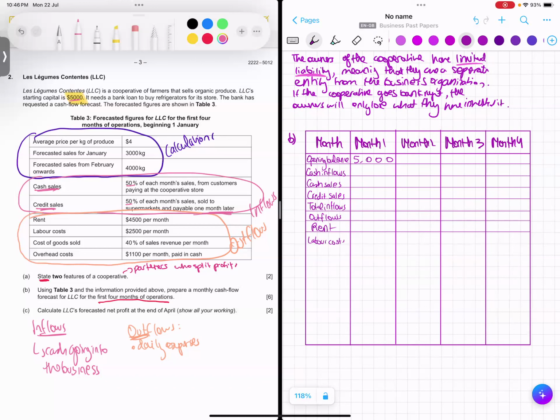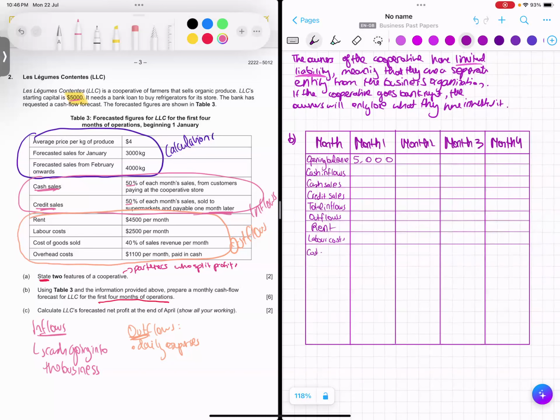This is going to make it much easier, guys, trust me. After labor costs, you have cost of goods sold, and after that you have overhead costs.